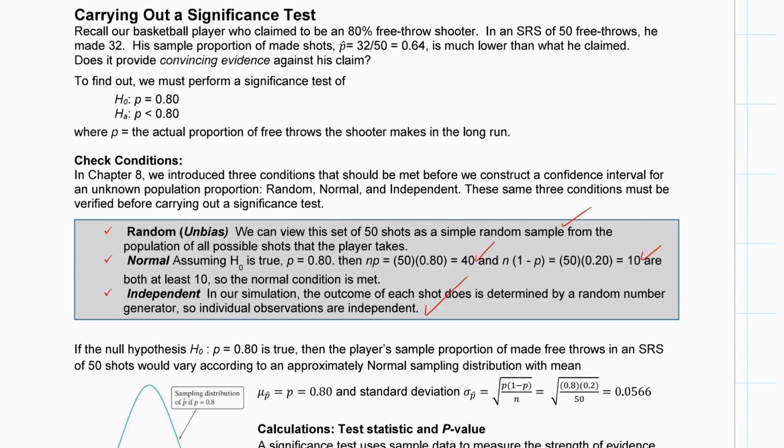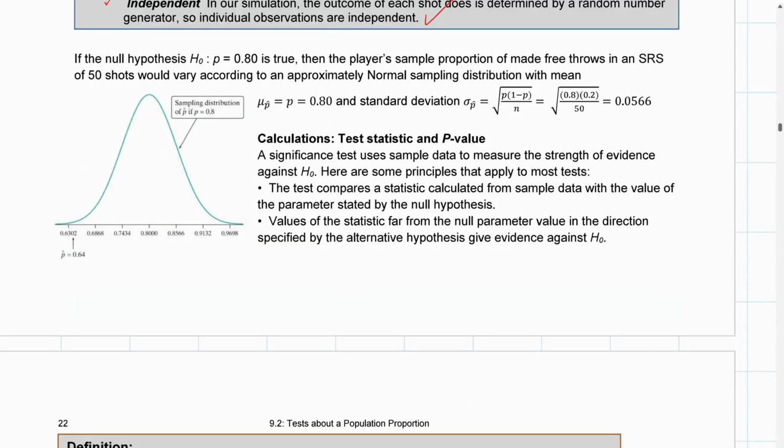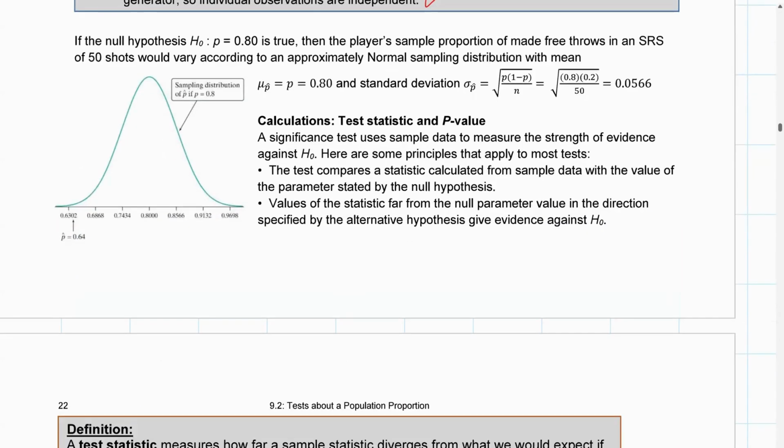When we assume that the H naught hypothesis is true, then we know something about the sampling distribution of the p-hat values from which our sample came. We have a normal distribution because we checked the normal condition. We know that it's centered at 0.8 because we assumed H naught was true.